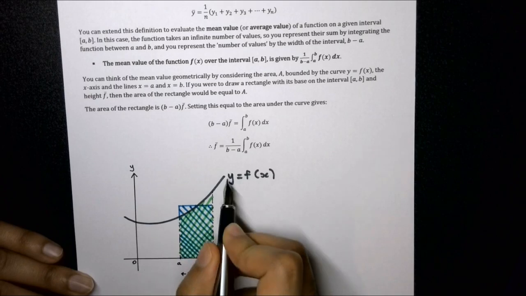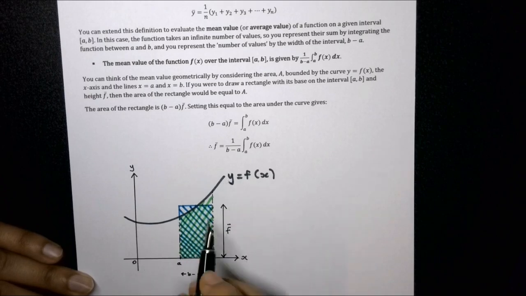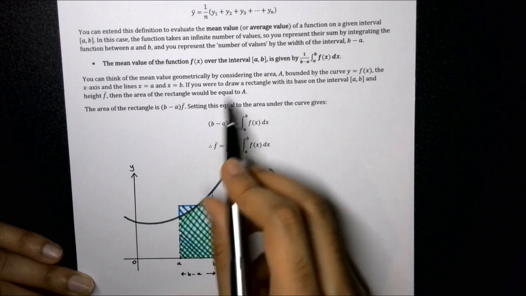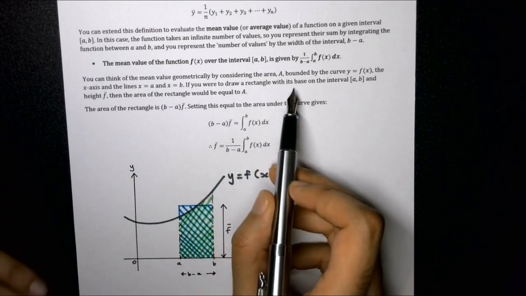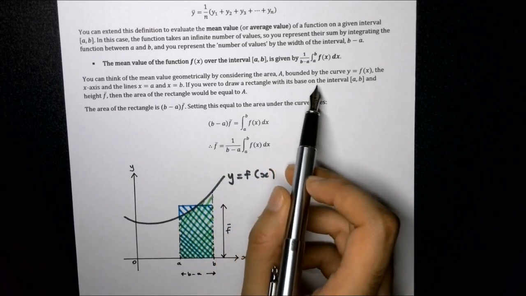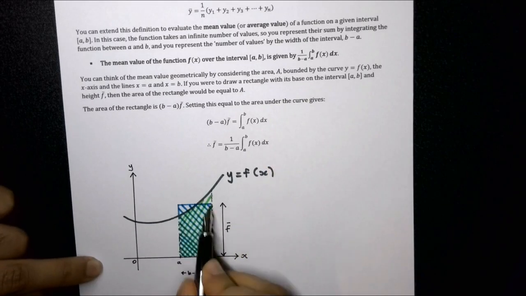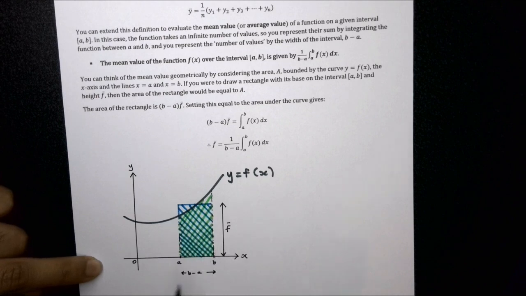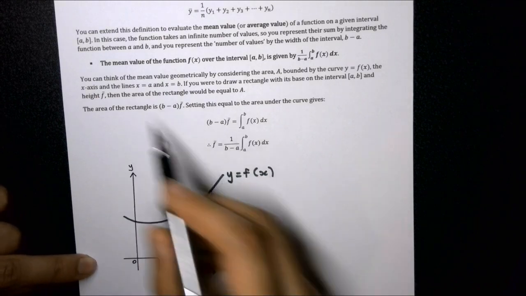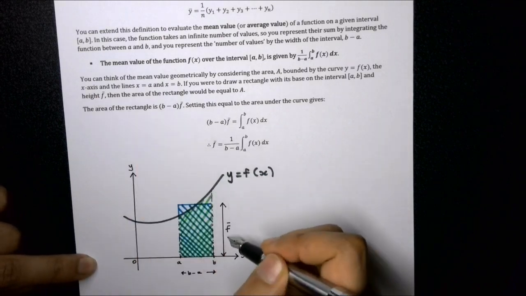We've got our function f of x and the area in between the x-axis, the lines x equals a, x equals b, and under the curve, that's shown in green. And if you were to draw a rectangle with its base on the interval a to b, so we've got a rectangle shown in blue, the base here is b minus a. The height of this rectangle is f bar.